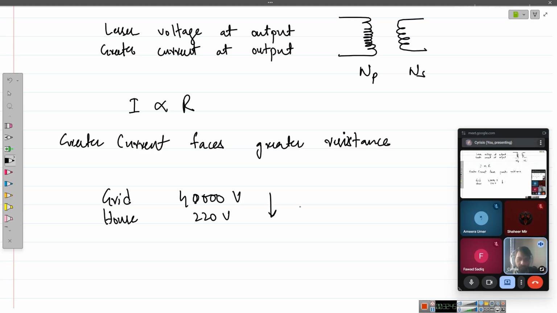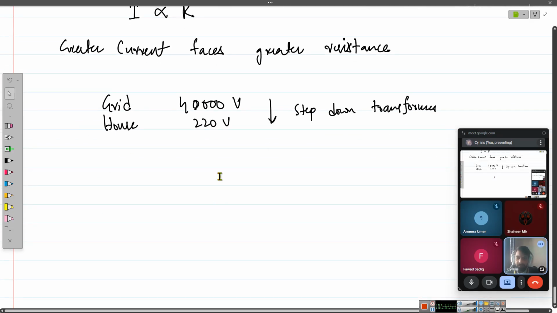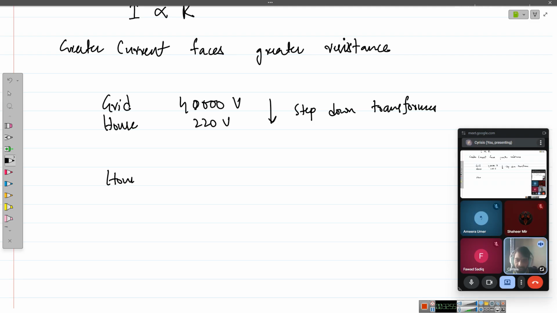So this can only be done using a step down transformer, right? Same way, your household electricity is 220 volts and your phone charger is using 3.5 volts to charge your phone. So that is also achieved using a step down transformer, right?